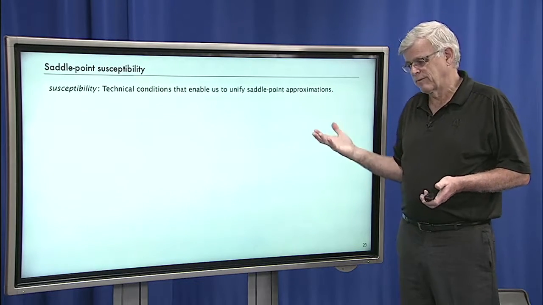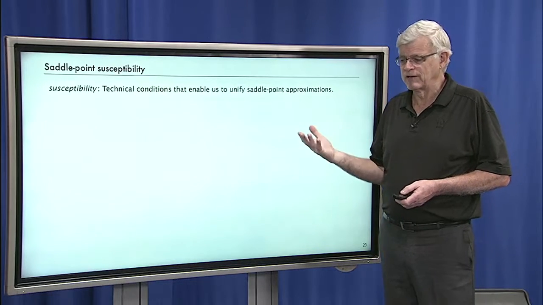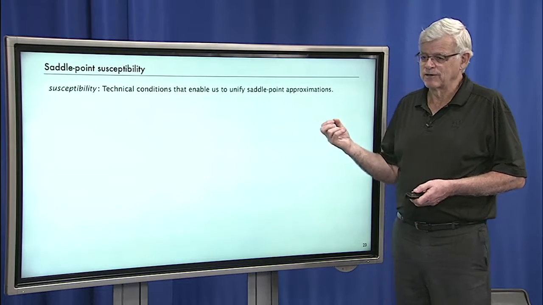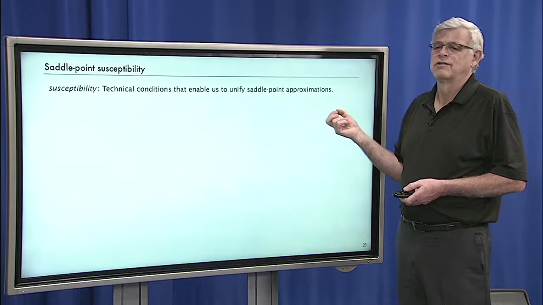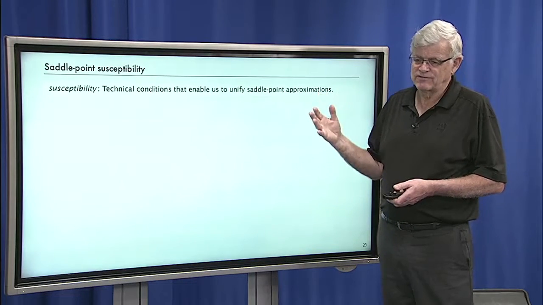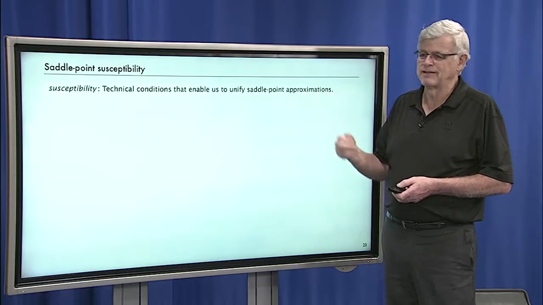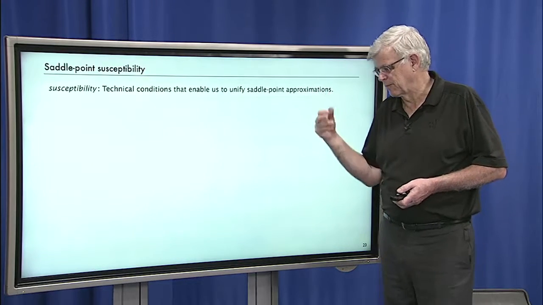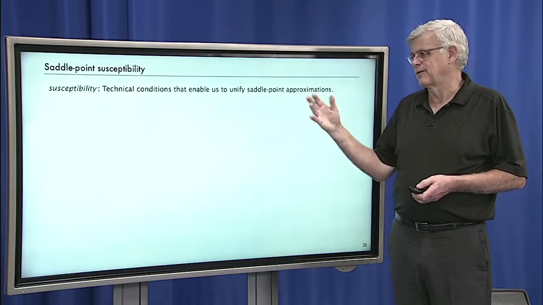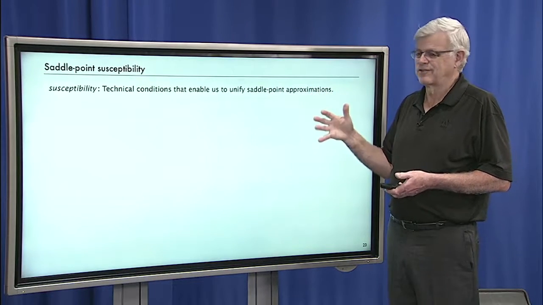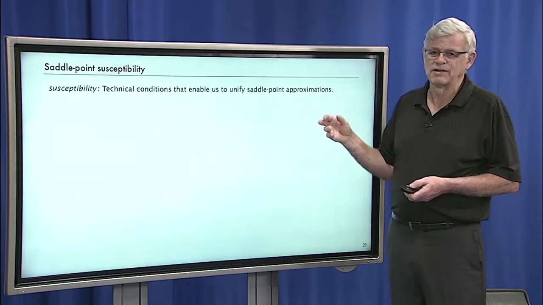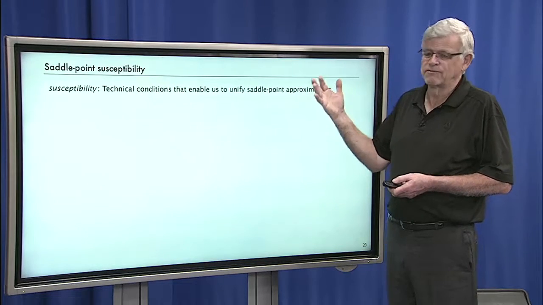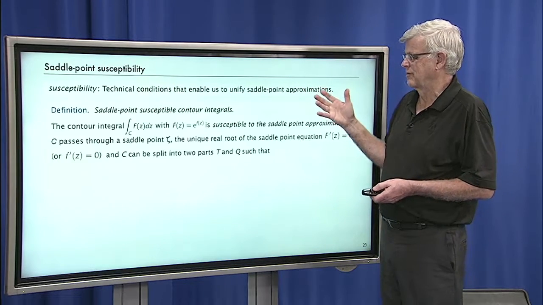Now, as with many of the transfer theorems that we consider in analytic combinatorics, there are technical conditions that need to be satisfied for us to apply this method. And just for completeness in this lecture, I'm going to call that susceptibility. That's just a name for the technical conditions that are needed for saddle point approximations to work.